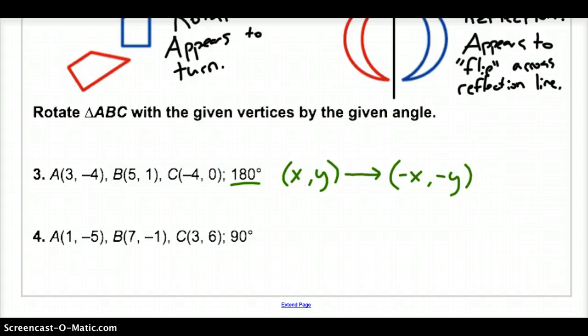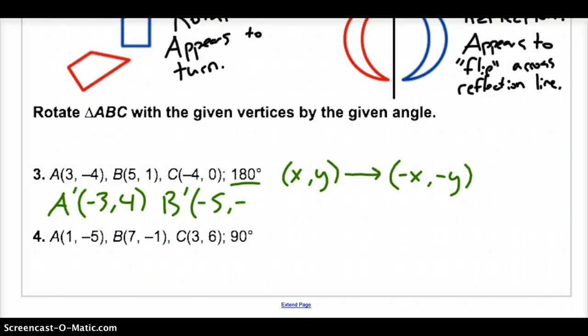So for A prime, our ordered pair would now be -3, +4. For B prime, instead of 5 and 1, we would now have -5 and -1. And for C prime, instead of -4 and 0, we'd now have +4 and 0.